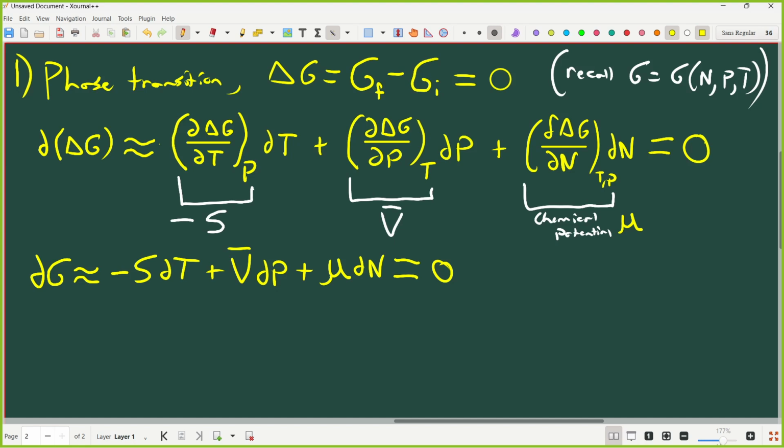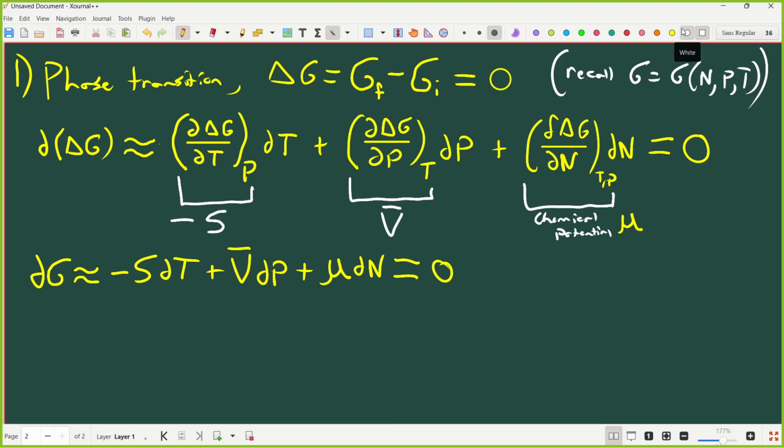All right, and so now when we move G, like we're moving over that little phase transition line, the Gibbs energy can change as a function of temperature, pressure, or the number of moles. All right, but we're at a phase transition. So we can actually make an even bigger constraint here.